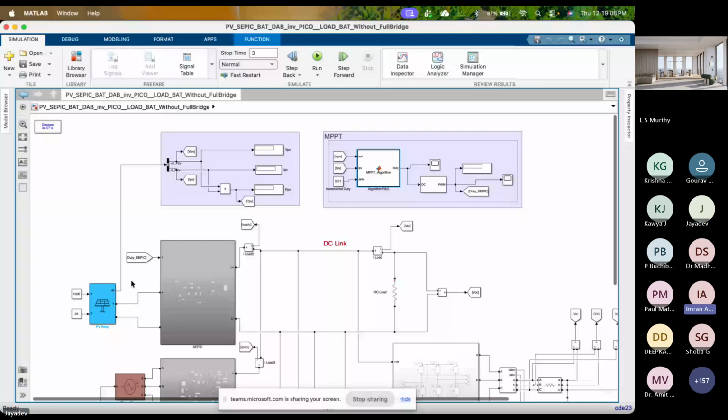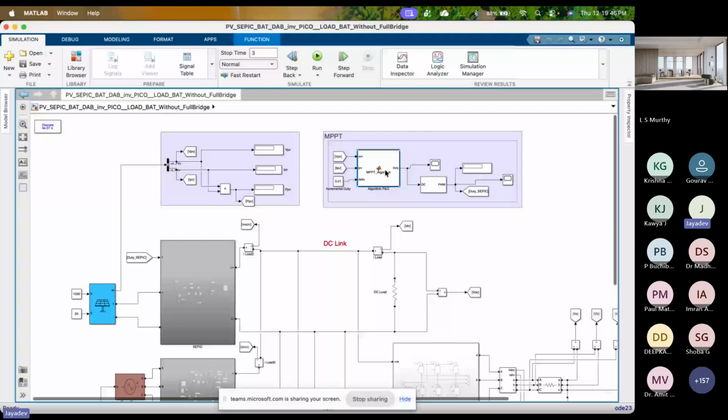Sir, maybe MPPT can be used to regulate the load also, na? If the irradiance is constant but the load is changing, MPPT works in that condition, na? Maybe some MPPT works in that condition, but in this case, as we are integrating more than one source, if the load is changing, that will be taken care of by the other source only.